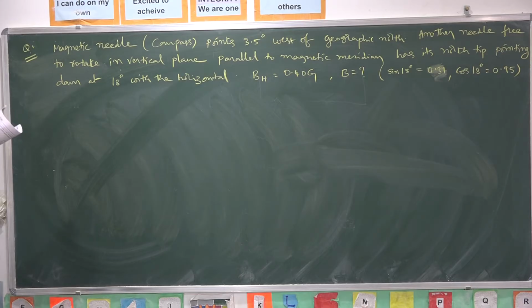Another needle free to rotate in a vertical plane parallel to the magnetic meridian has its north tip pointing down at 18 degrees with the horizontal. Now we need to solve this question.